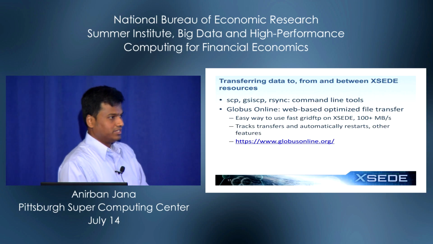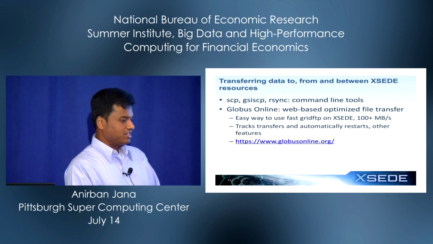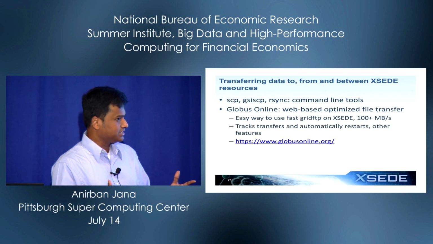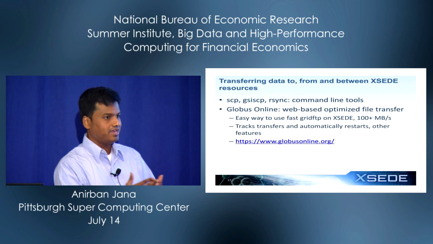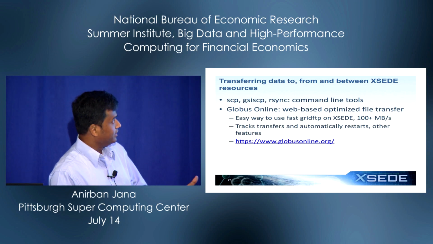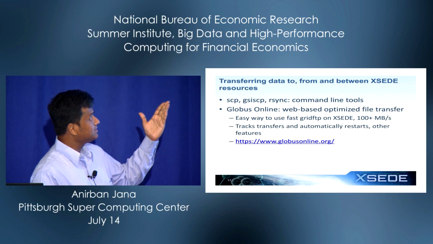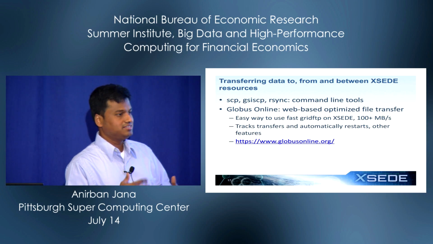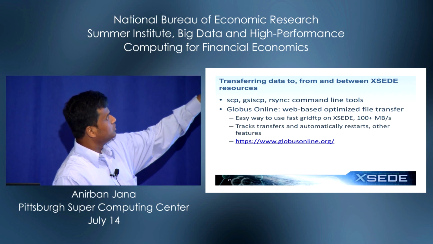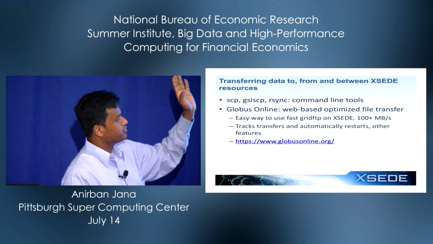Okay, so if you have these large big data resources, it's important to get data in and out of it. And there are several tools that are available on Exceed to do that efficiently and easily. There are command line tools such as SCP, GSI-SCP, and rsync.